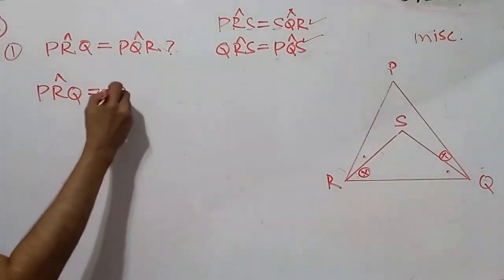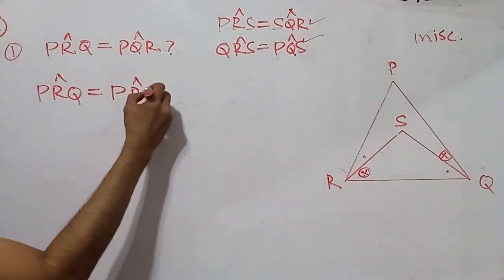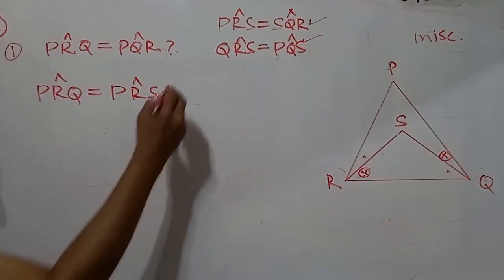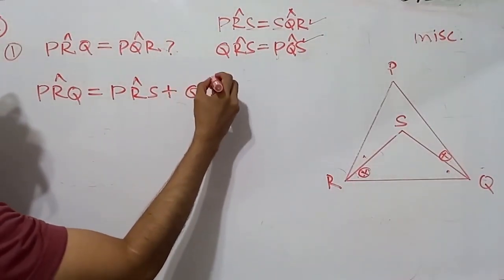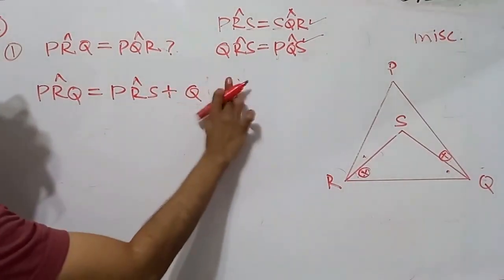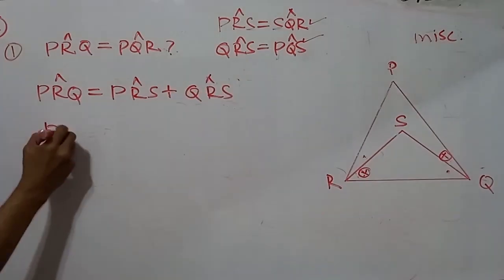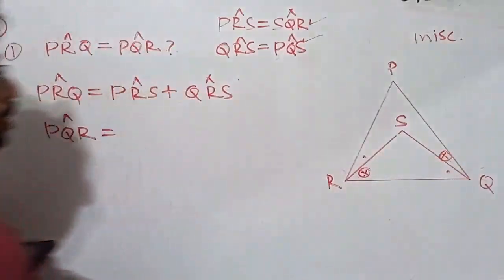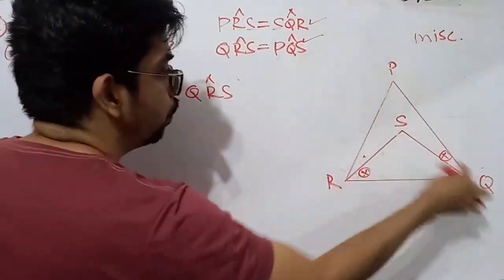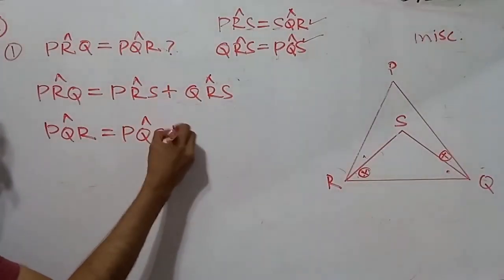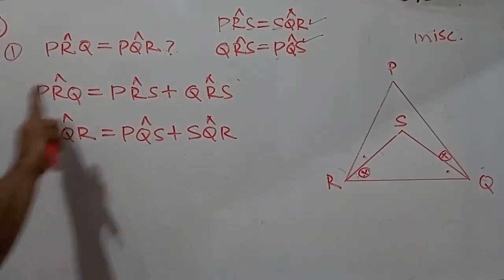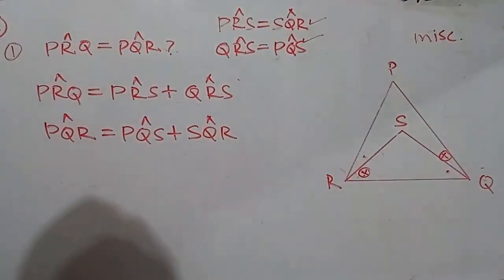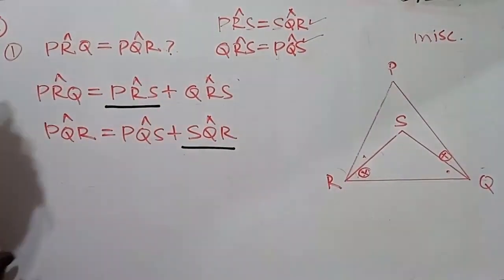That is PRS plus QRS. Then we will take PQR angle, PQR entire angle. That means what? PQS plus SQR. Now think about the angles on this side. PRS is equal to what? SQR. That means PRS is equal to SQR.